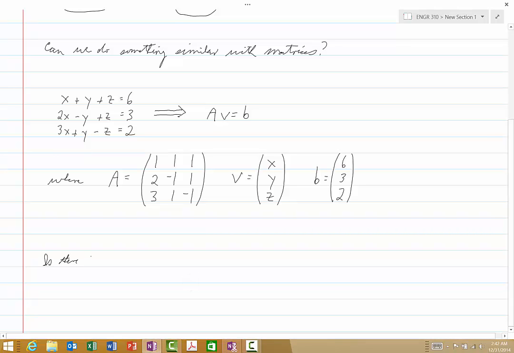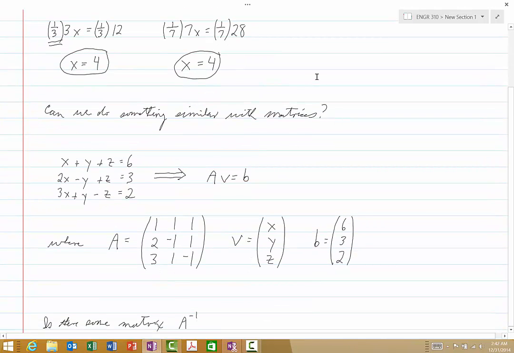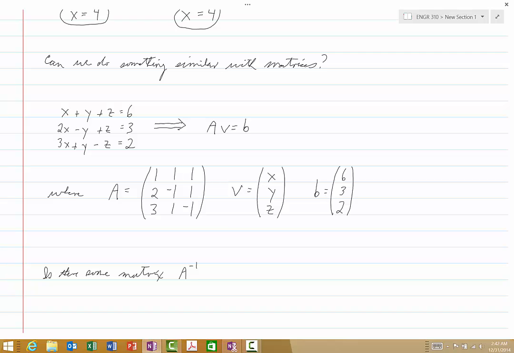is there some matrix, and we'll call it A to the negative 1 power, just like 1/3 is 3 to the negative 1 power, 1/7 is 7 to the negative 1 power. So in keeping with that kind of notation, we're going to give this matrix that we're looking for the symbol of A to the negative 1, and we'll call it A inverse.